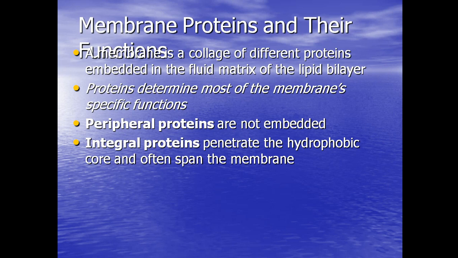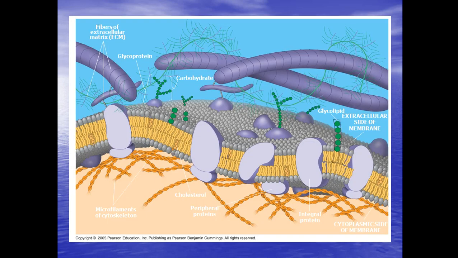The integral proteins penetrate the tail region, the hydrophobic core, and they often span the entire membrane. See here how they are arranged. It's a perfect collage. See, from the top, the integral proteins, peripheral proteins, carbohydrate, glycoproteins, which we have already seen.